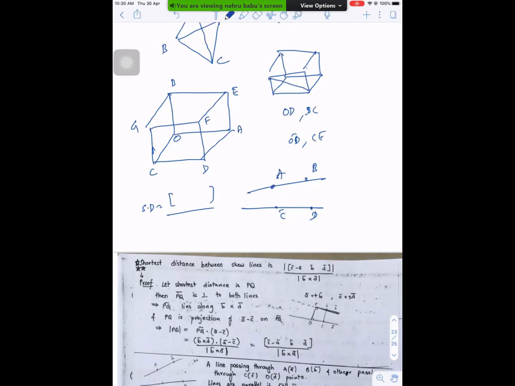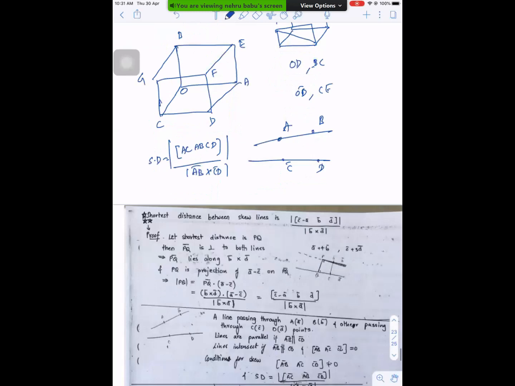It is [AC AB CD] divided by mod of AB cross CD. This is the shortest distance formula when the lines are given as passing through two points. Okay.